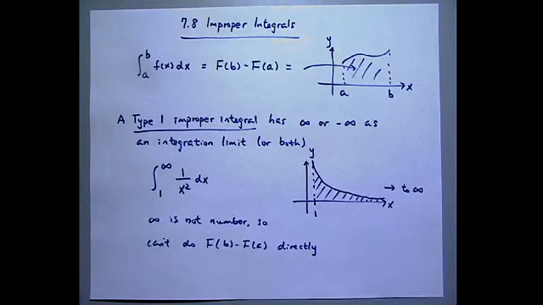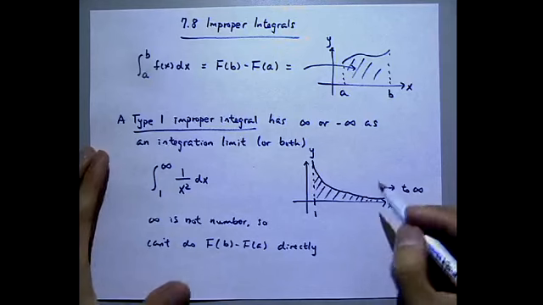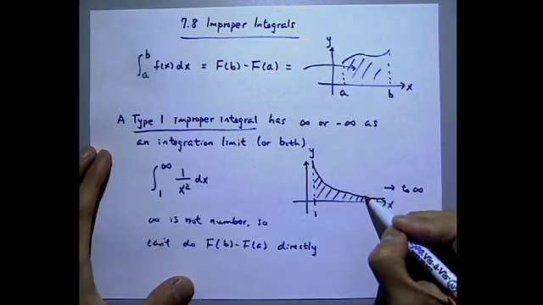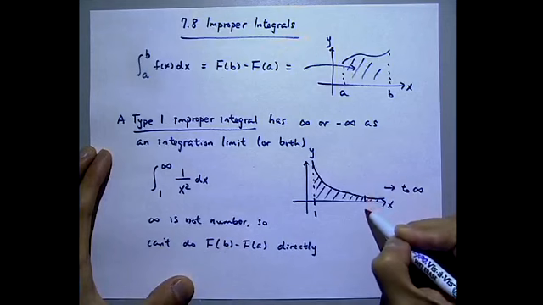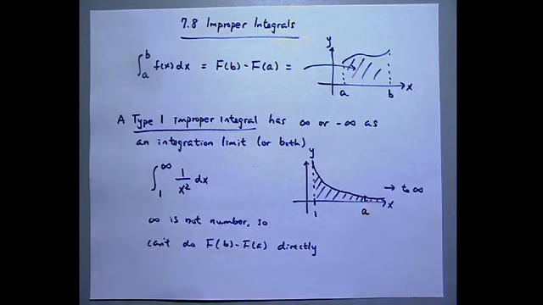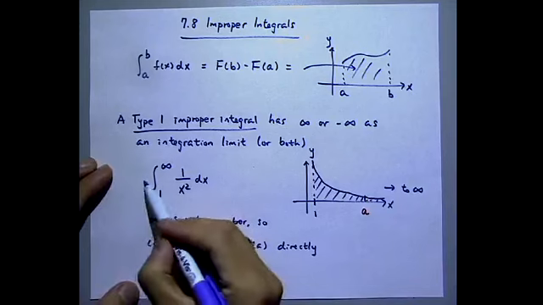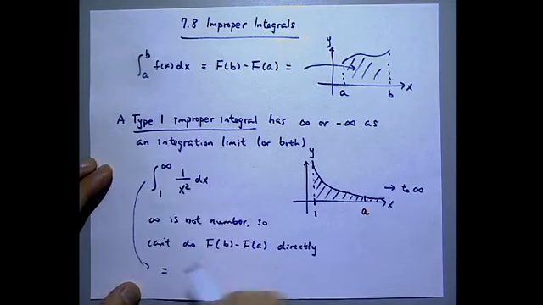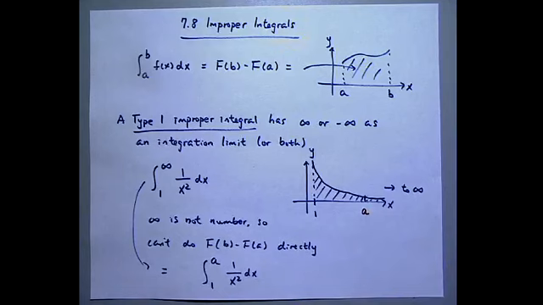So what we're going to do here is to step back from infinity for a little bit and say we're going to cut it off at a certain place. Say right here, we'll call this number A. So we'll say we're going to integrate from 1 to A of this function, and A is a number here.